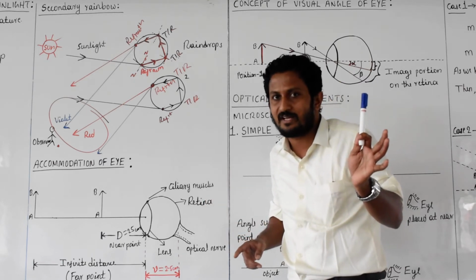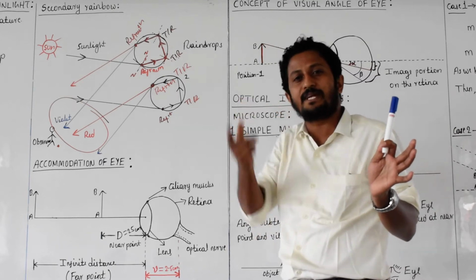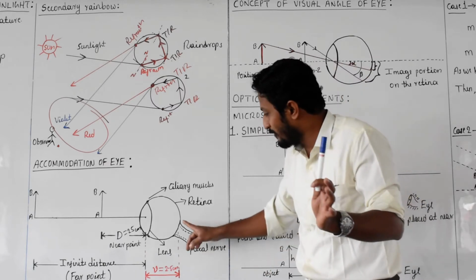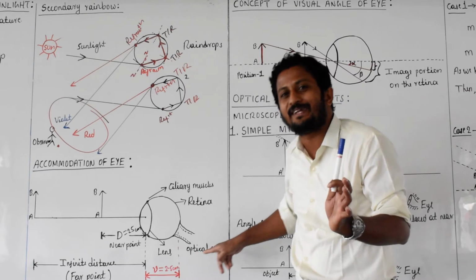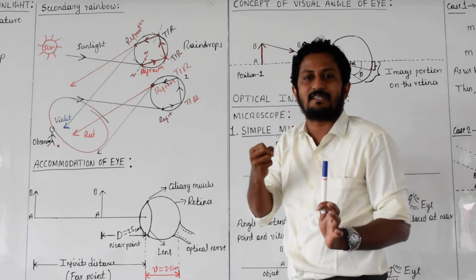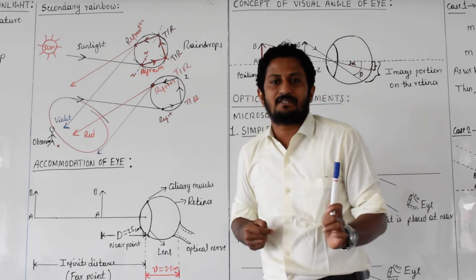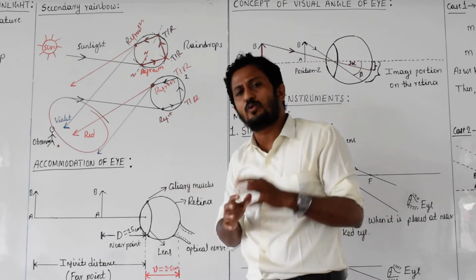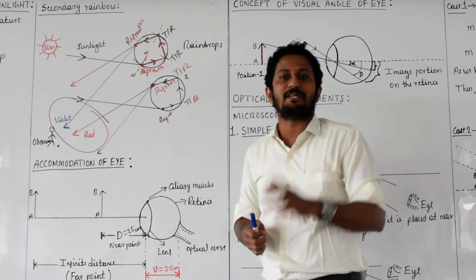When the brain receives that signal, the brain feels there is an object. Have you understood? This is how the eye produces images.